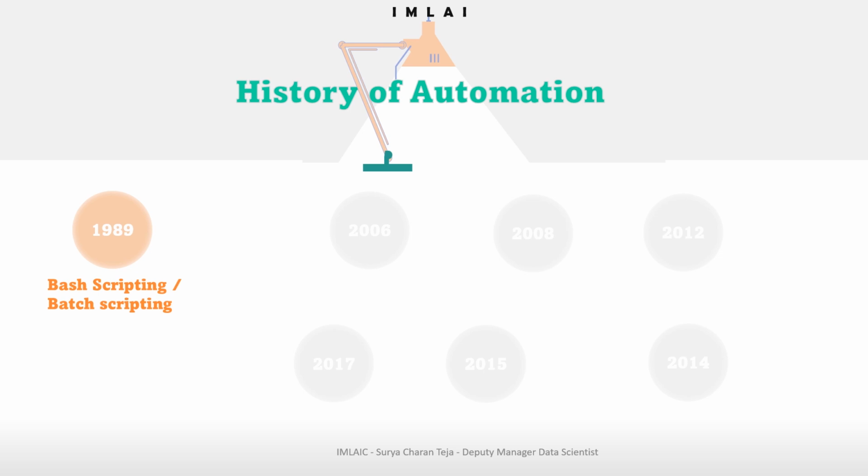And that was the time the operating system related automation, bash scripting was majorly used for Linux task automation, and batch, that's BATCH, batch scripting was for Windows. So bash scripting we have used in our module 2.